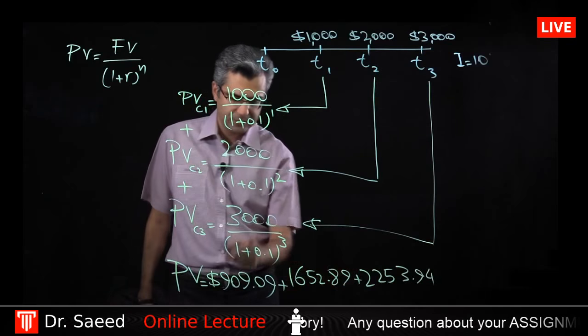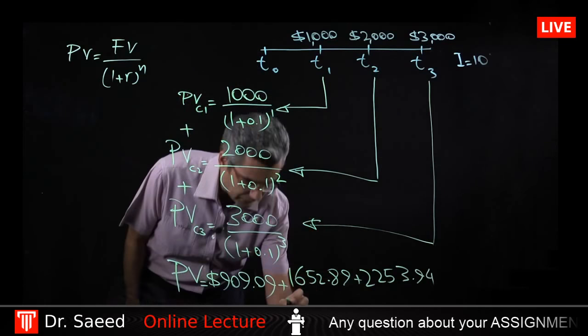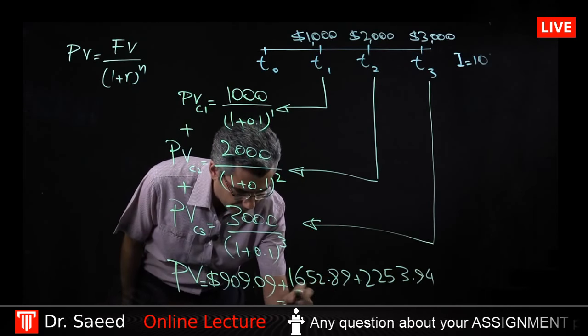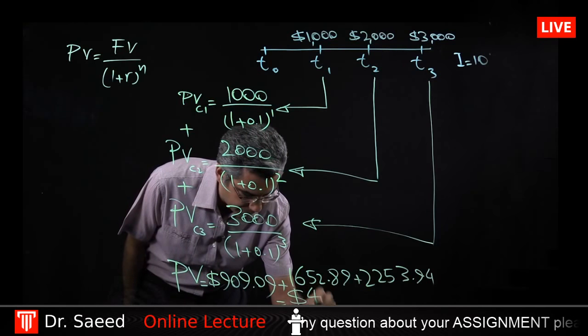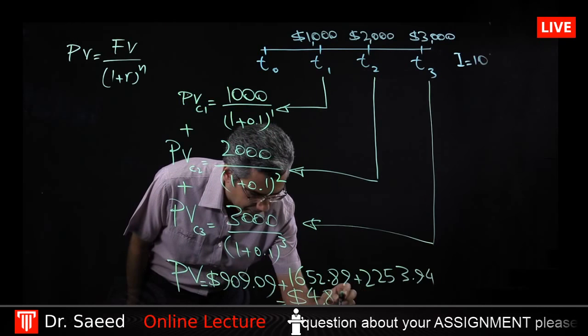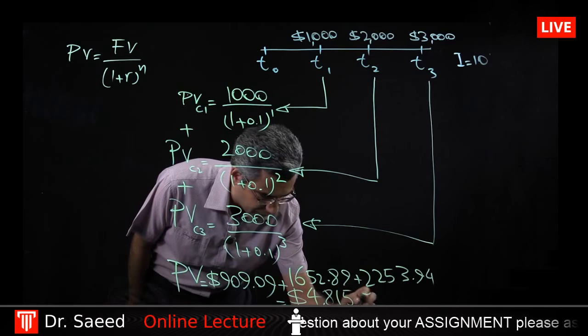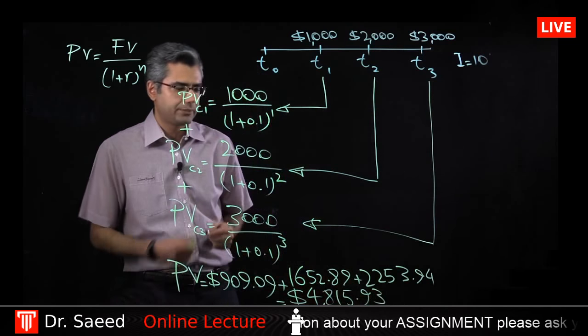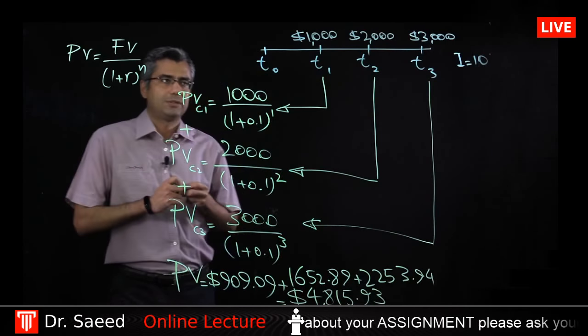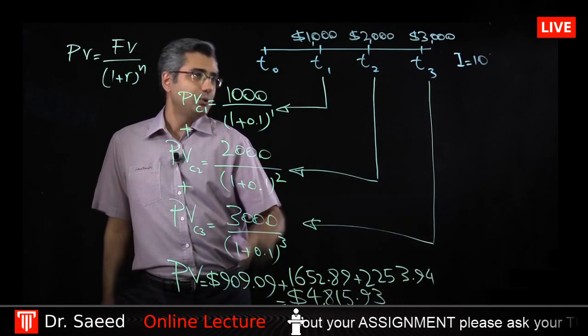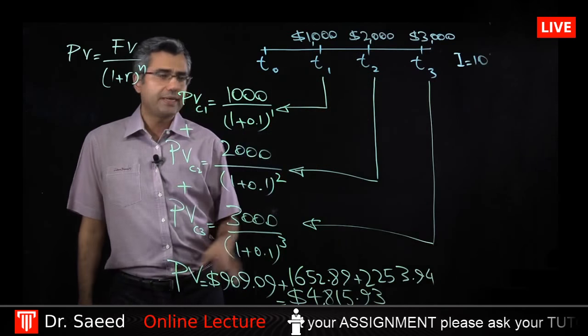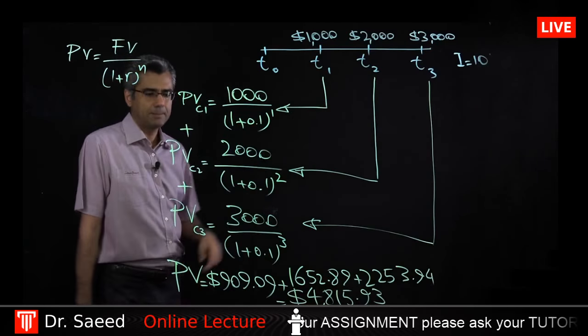This means this plus this plus this is 4,815.93 US dollars.